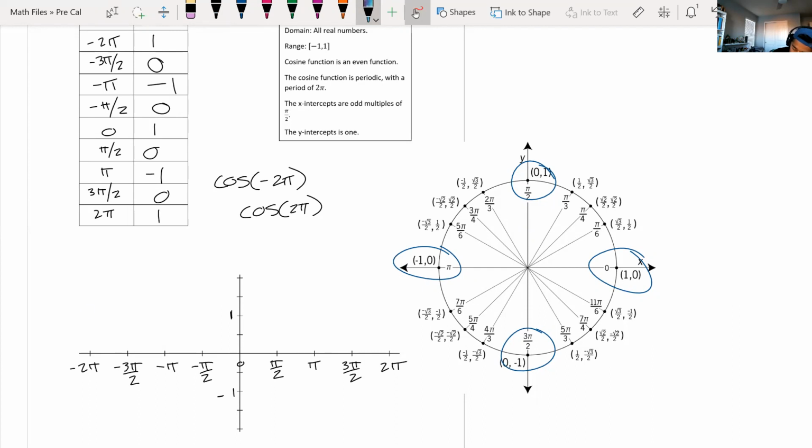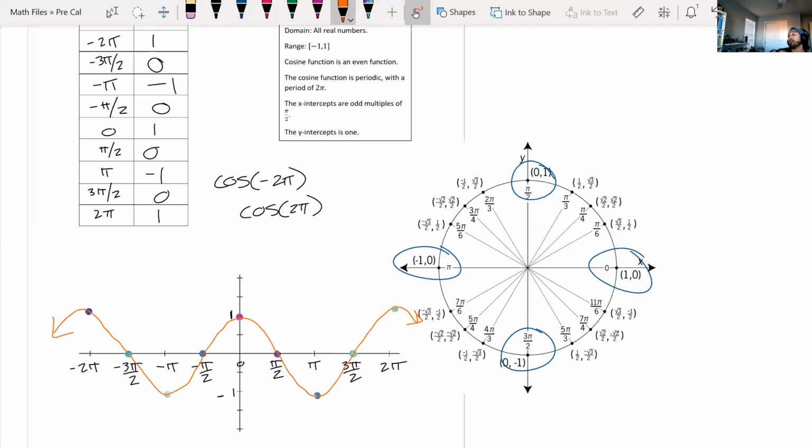Negative pi over 2 and 1, and then 0, and then -1, 0, 1, 0, -1, 0, 1. And here we go. And this is the graph of cosine.